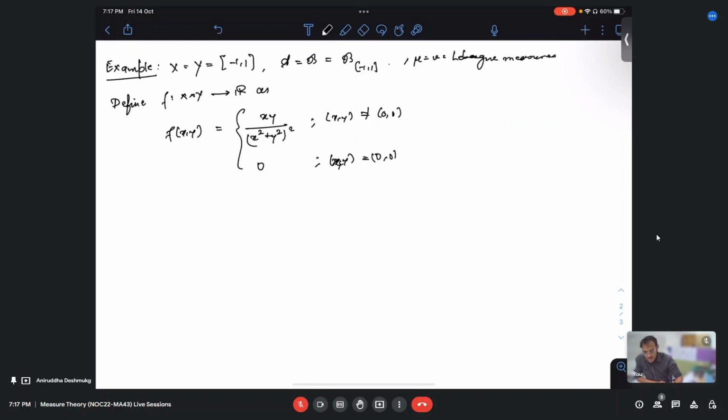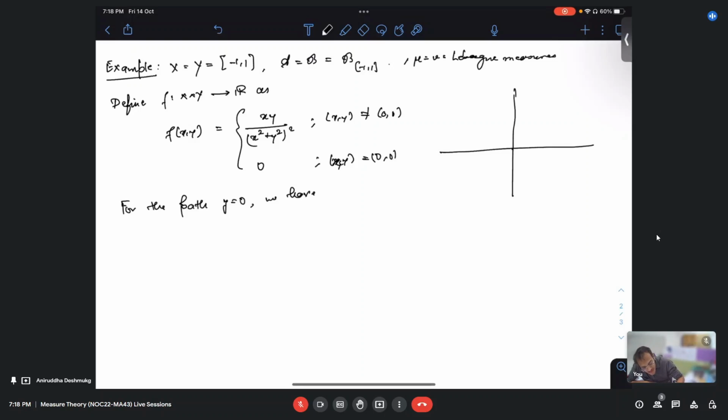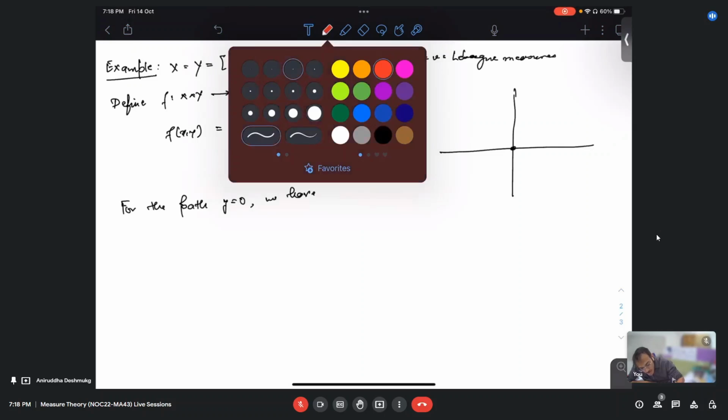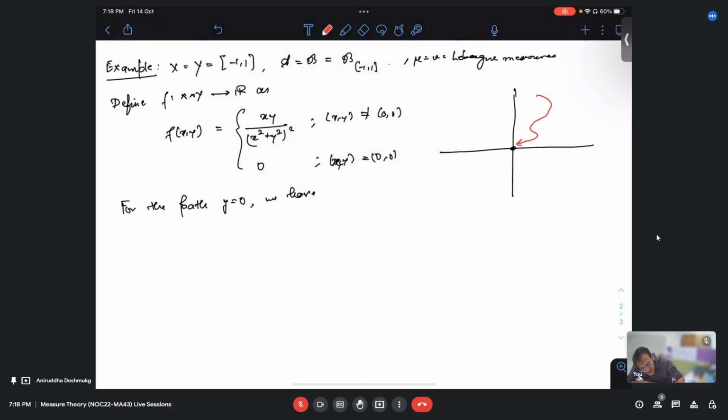So notice that f is continuous almost everywhere because the only point of problem is 0, 0. To check that, if I want to check the continuity at this point, then along every path that reaches this point, I want to take the limit.